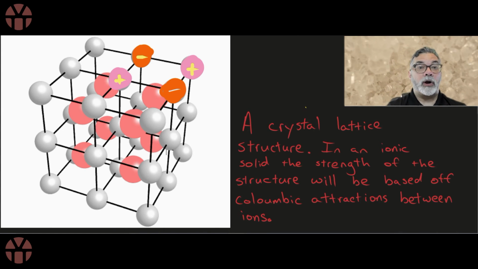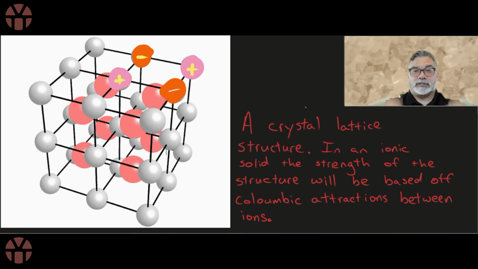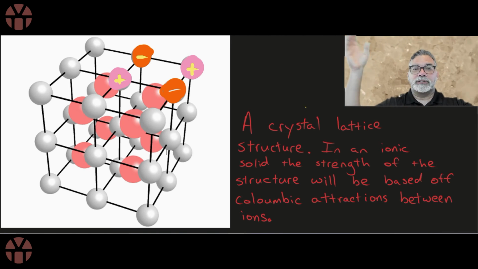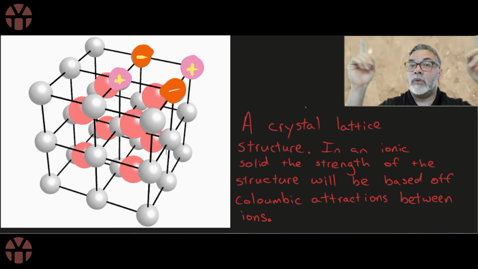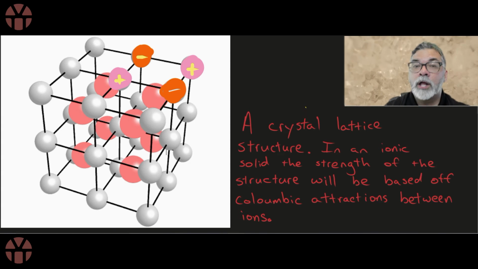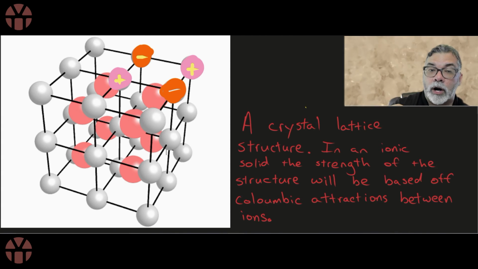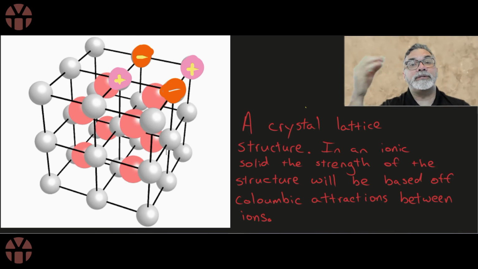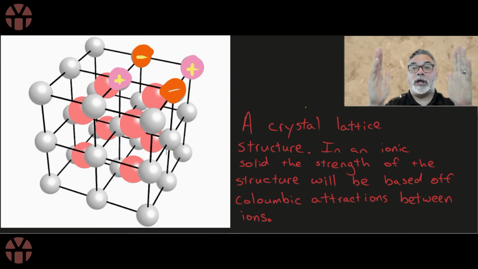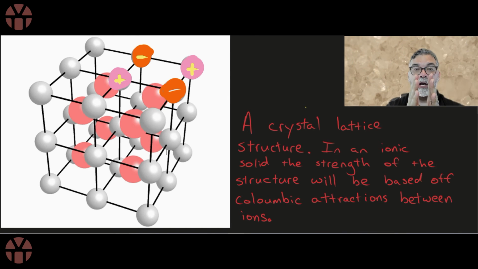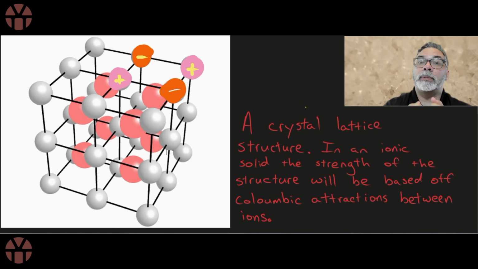Because remember, the meaning of life is size does matter. The smaller you are, the more attractive you are. So smaller cations and smaller anions will have a greater proximity to one another, and therefore their Coulombic attractions will be greater.